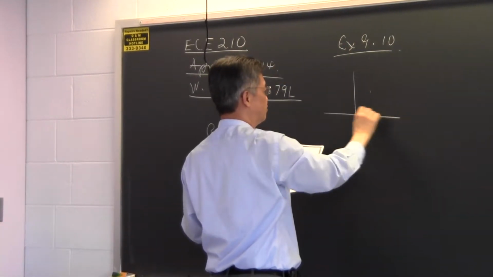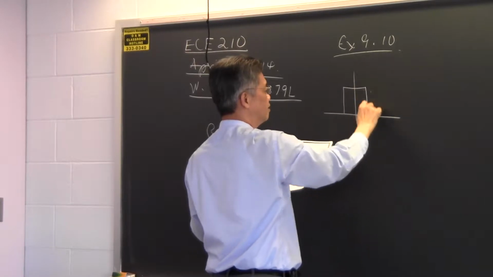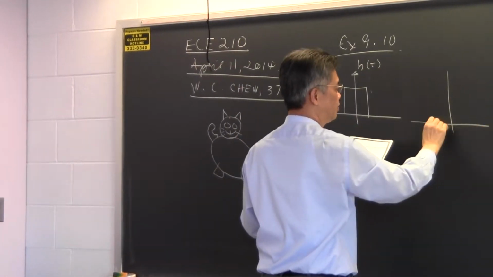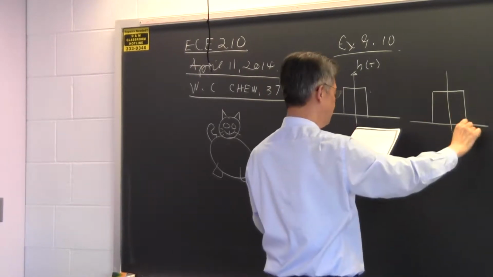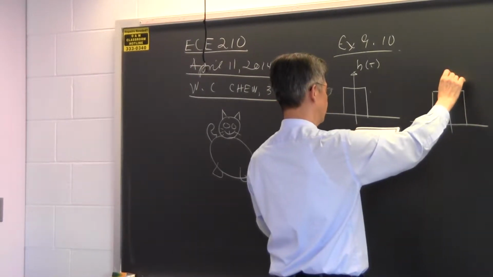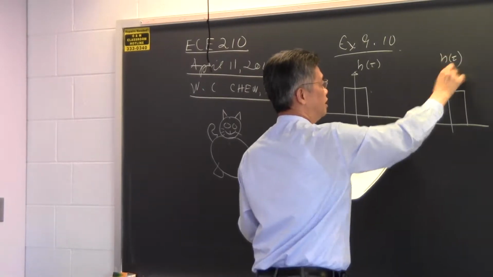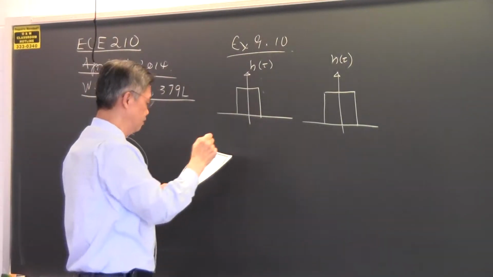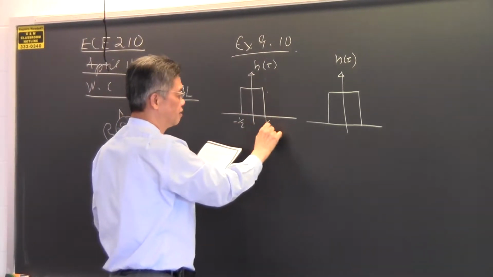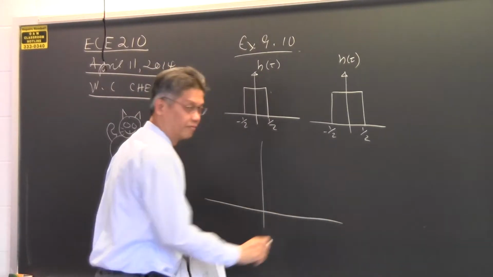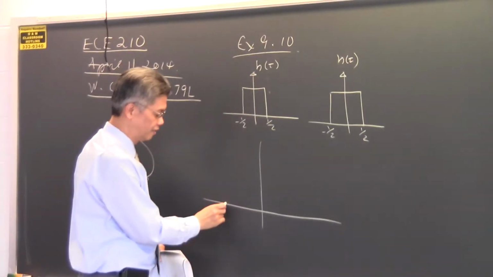Essentially, if you have something convolving with h tau, you have two rect functions of the same weight. If you have two rect functions and you convolve them, and both of them are of the same weight, you get a triangle function.